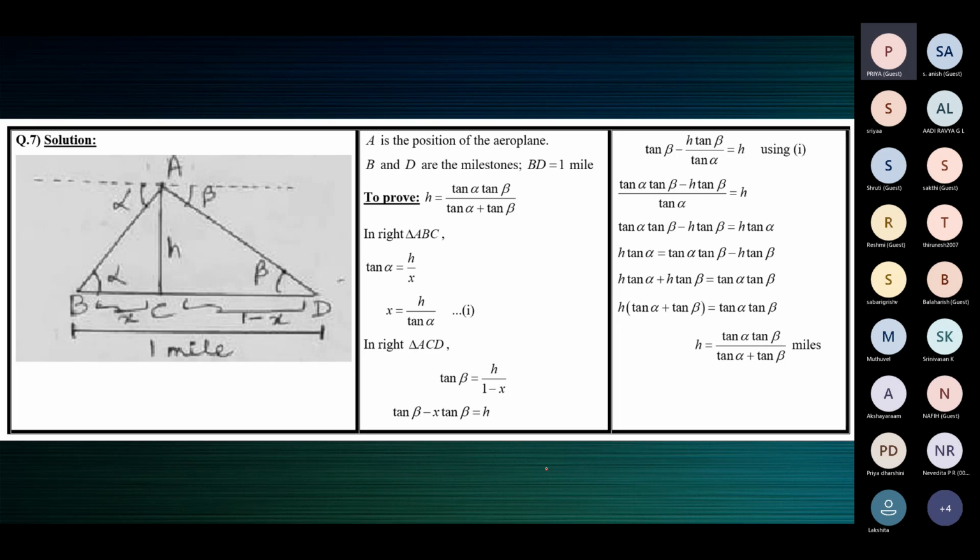X will not be a larger number, like 0.3 miles, 0.4 miles. If BC is x, then CD will be 1 minus x. X also is in miles. If BD is 1 mile and BC is 0.3 miles, so CD will be 1 minus 0.3, that is 0.7 miles.